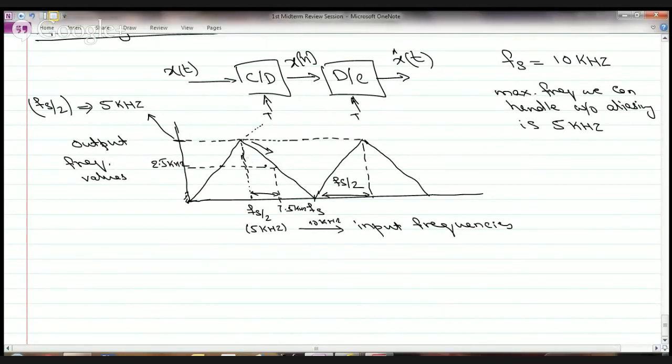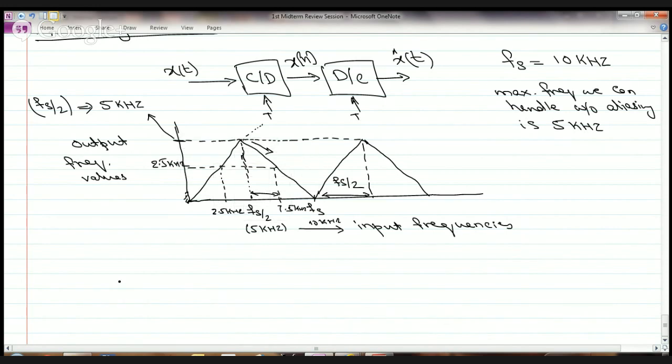And whatever is the magnitude of that frequency will stay the same. The contribution of the frequency will stay the same. Now, if you already had a frequency at 2.5 kilohertz, then the strength of your 2.5 kilohertz frequency will be the strength of your original 2.5 kilohertz frequency plus the strength of the new frequency that folded onto it.